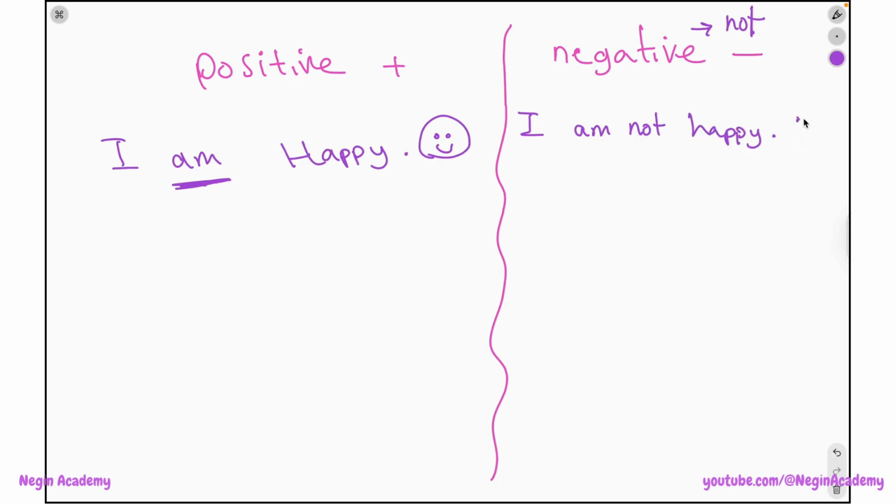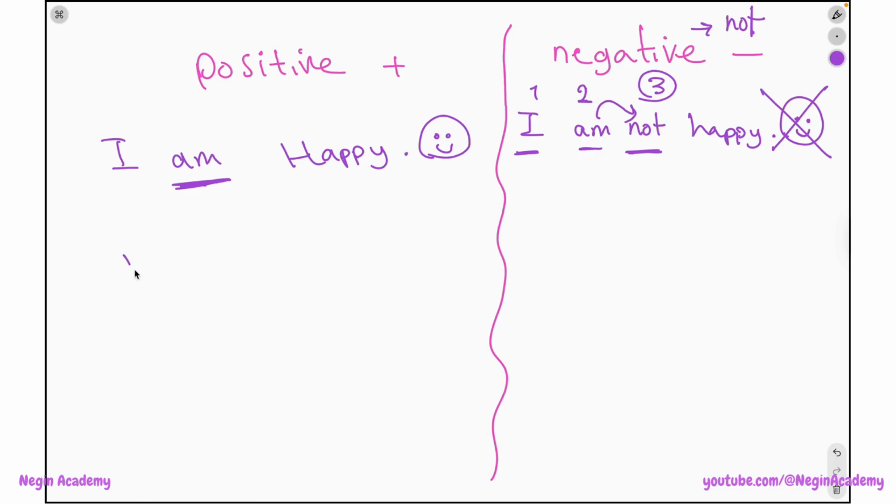For instance, if this is the face, I am not happy. Where should we use not? After the to be verb. Here in this position. If we consider this one as a first position, and this one as a second, not should come in the third position.